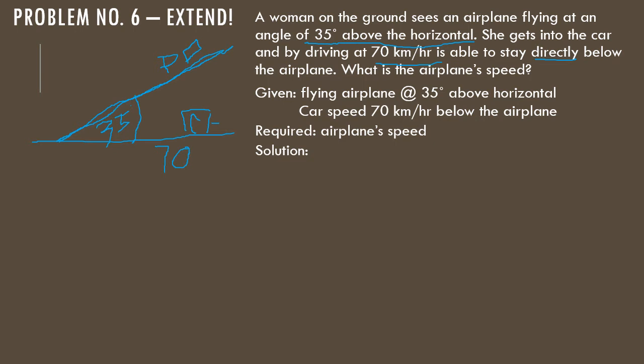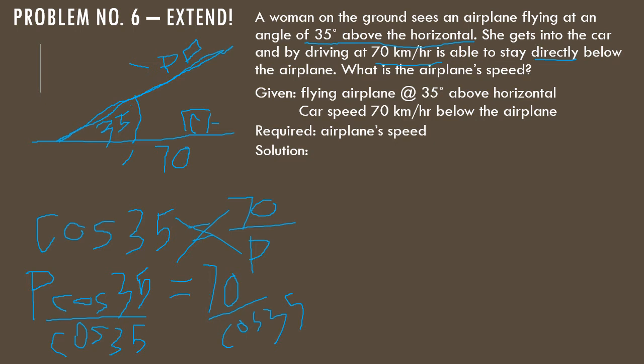Bakit cosine? Kasi meron tayong adjacent, meron tayong hypotenuse, which is what we are looking for, then meron tayong angle na 35 degrees. Cosine 35 is equal to adjacent, which is the 70, over the hypotenuse, which is the airplane speed.